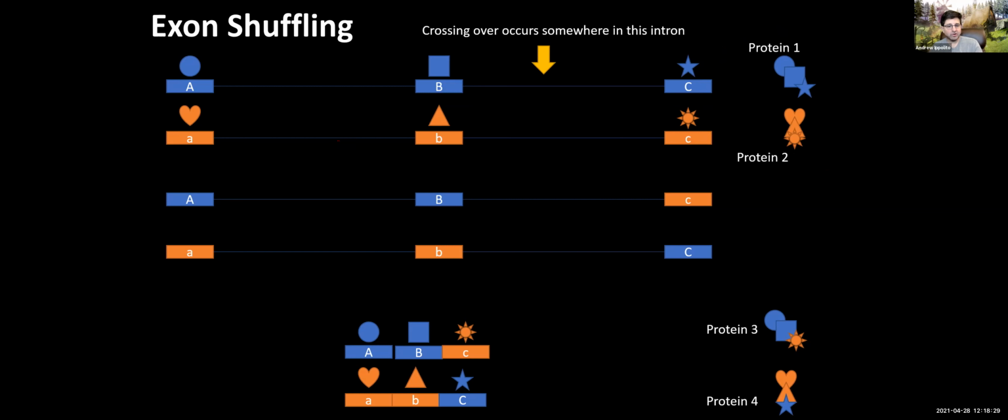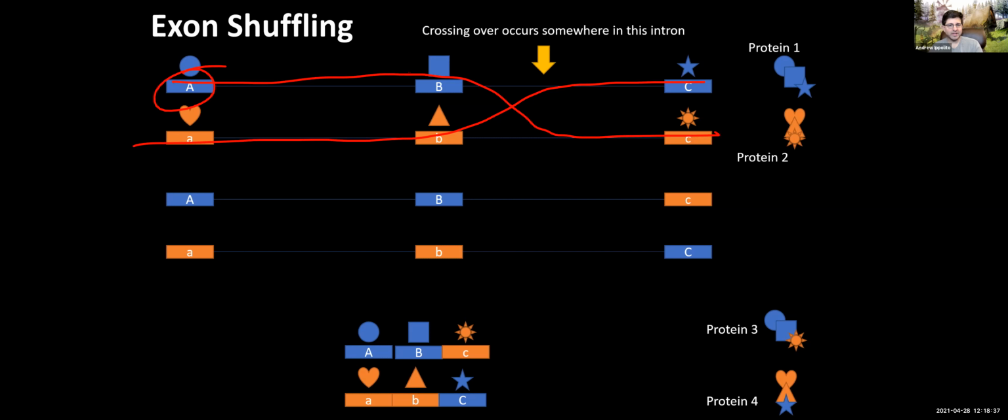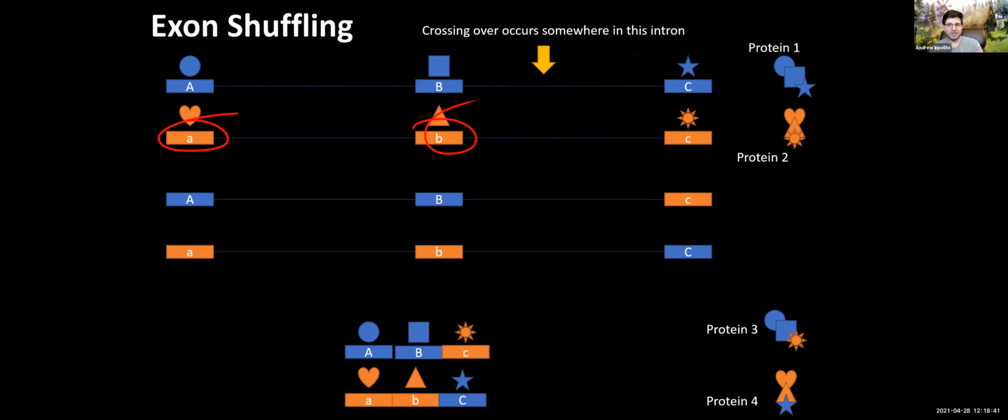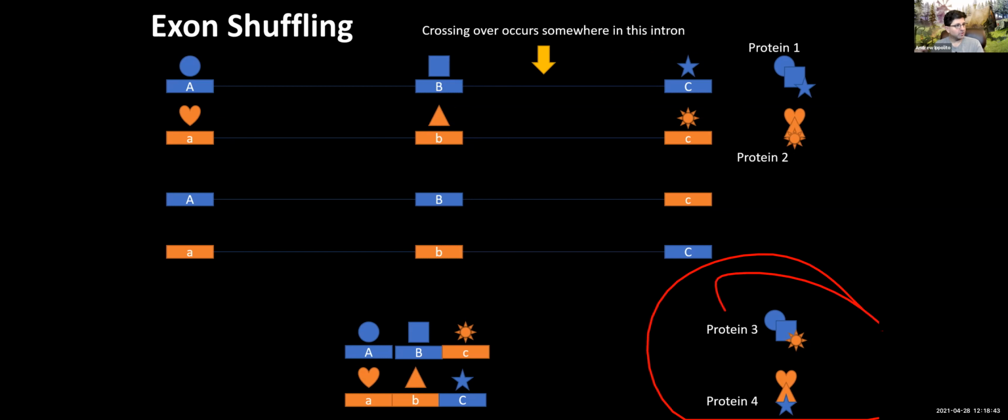So imagine crossing over occurred here. Imagine crossing over did this. So now we get capital A, capital B, lowercase c, and we get lowercase a, lowercase b, capital C. We get completely different proteins now.